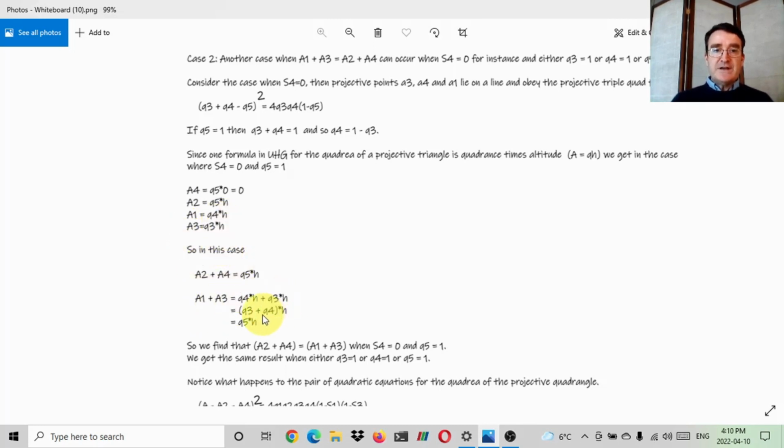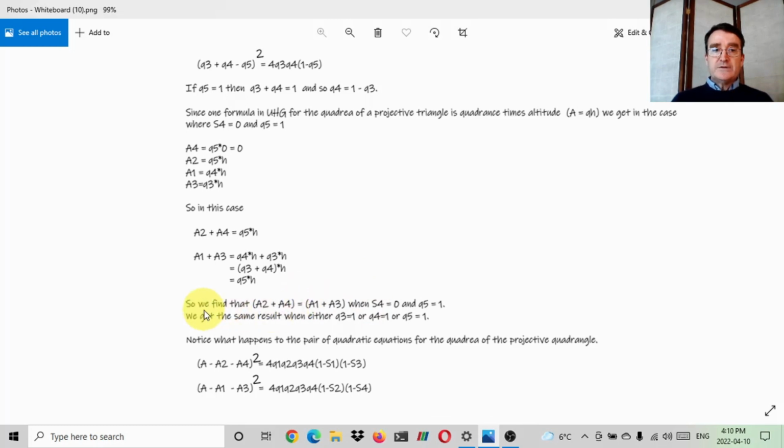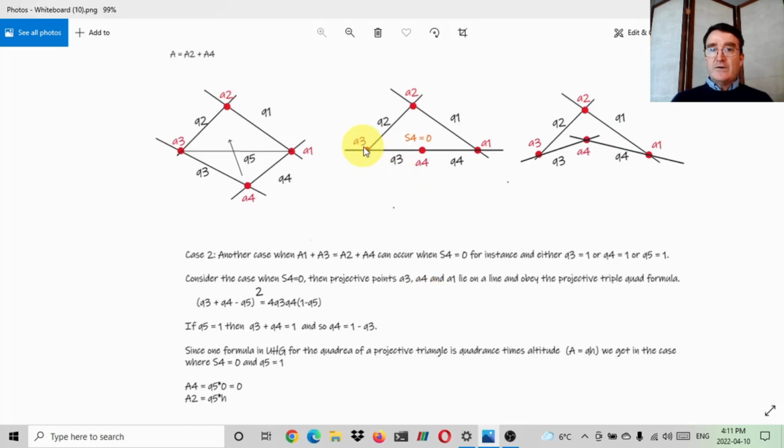So notice what happens with the pair of quadratic equations of the quadria of a projective quadrangle. Here they are: A minus A2 minus A4 squared equals 4 times Q1, Q2, Q3, Q4, 1 minus S1, 1 minus S3. And the second equation, A minus A1 minus A3 all squared equals 4 Q1, Q2, Q3, Q4, 1 minus S2, 1 minus S4. Substituting S4 equal to 0, and when Q5 is equal to 1, we have these two quadrias equal to these two quadrias.